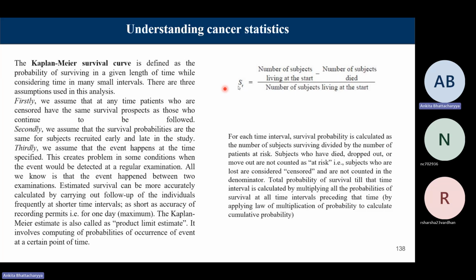Then what is expected is that they have the same survival prospects as those who are followed. If the number is very huge, for example if half of the patients have not been followed, then that information has to be omitted from your study, and it cannot be concluded.